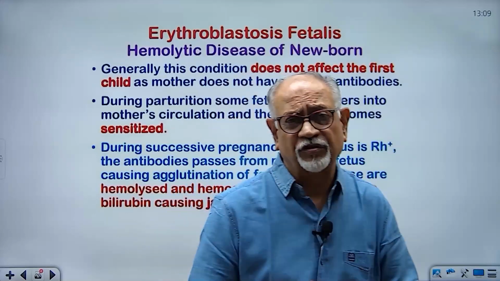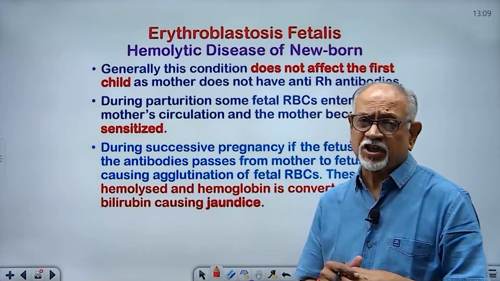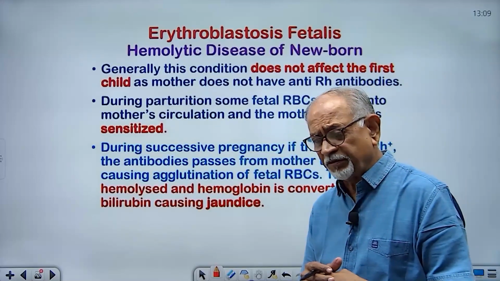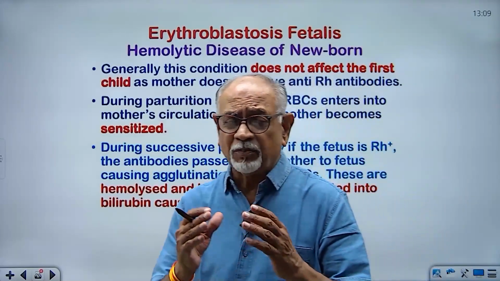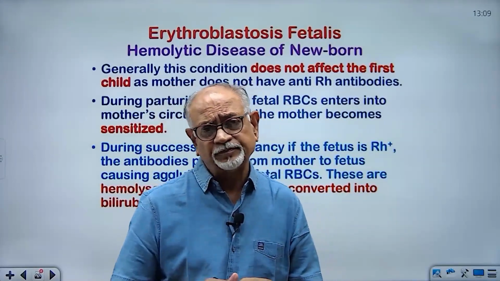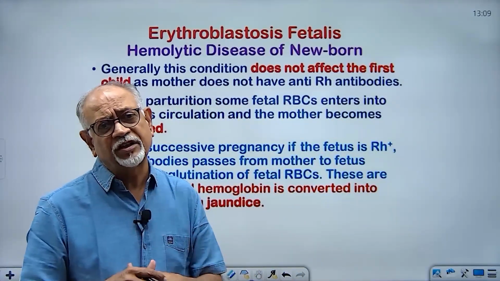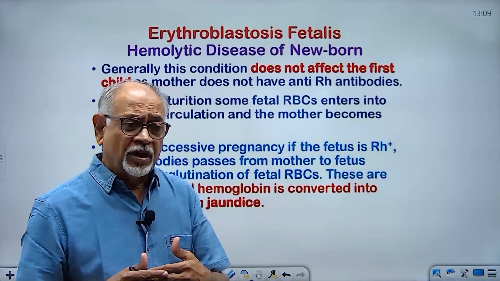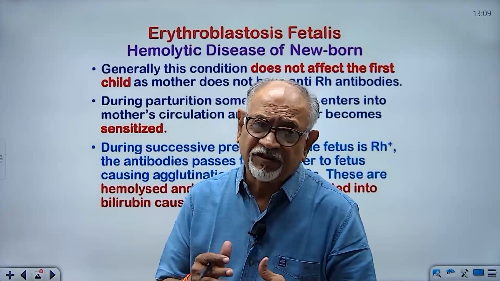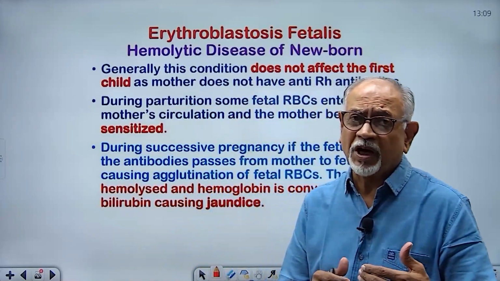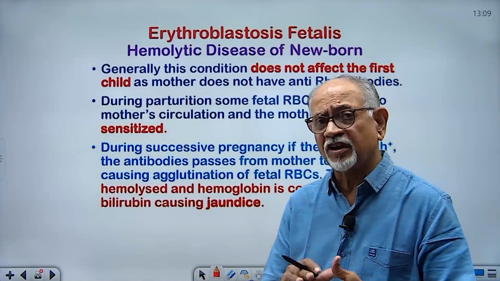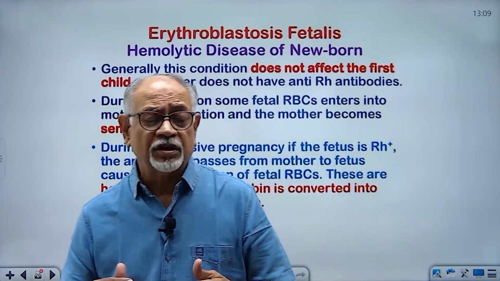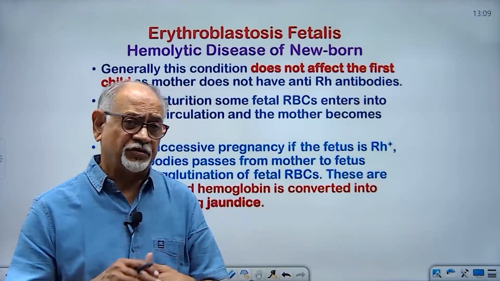But what happens? During parturition or childbirth, there is a lot of bleeding from the uterus, and some of the blood cells of the fetus pass into the maternal circulation, and those cells generate sensitivity, by which Rh antibodies are produced in the lady, and now she is called sensitized.